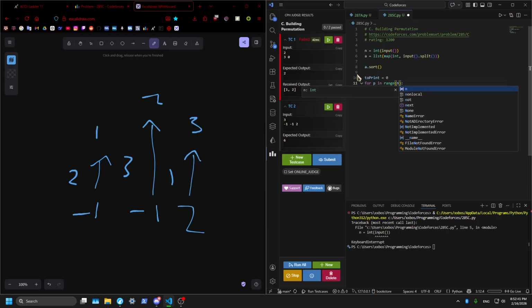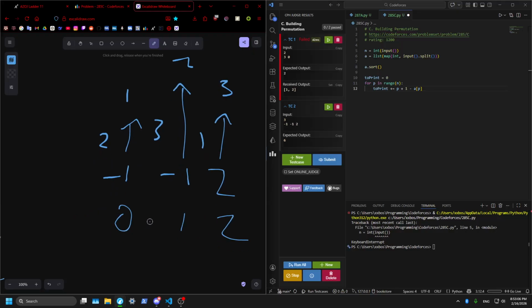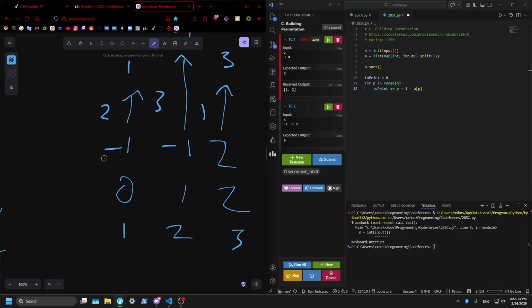Find range n. P plus 1 minus a p. So if P is 0, 1, 2, we actually want 1, 2, 3, so P plus 1 minus a p.